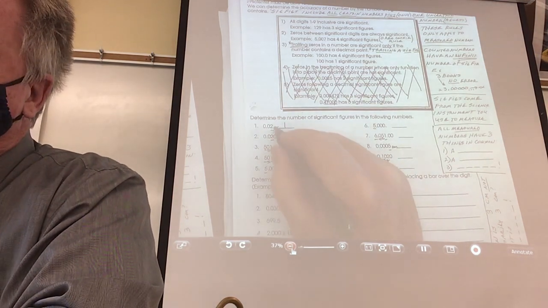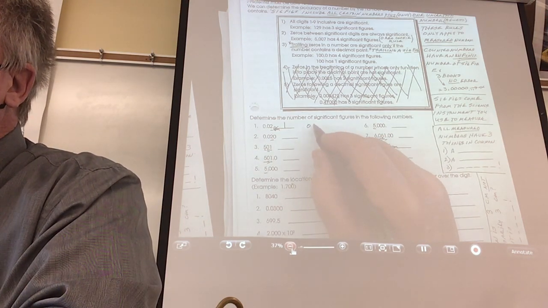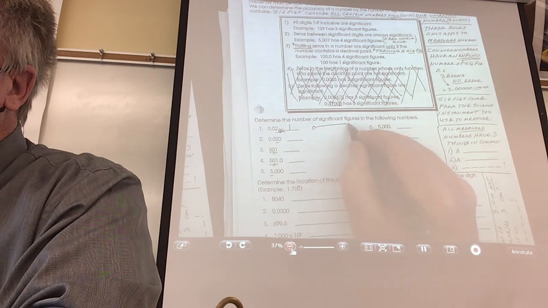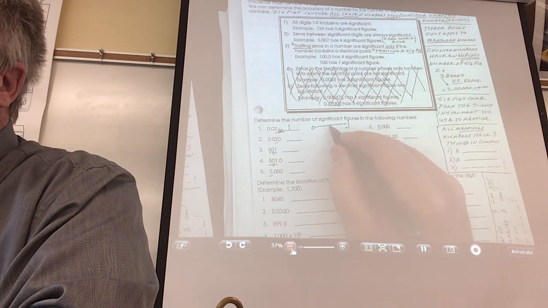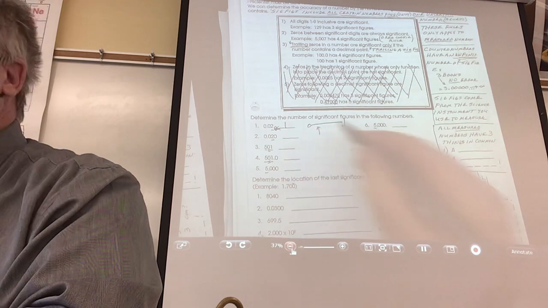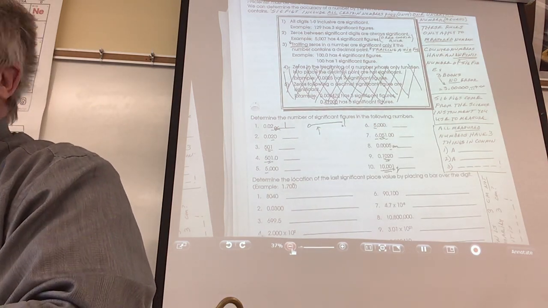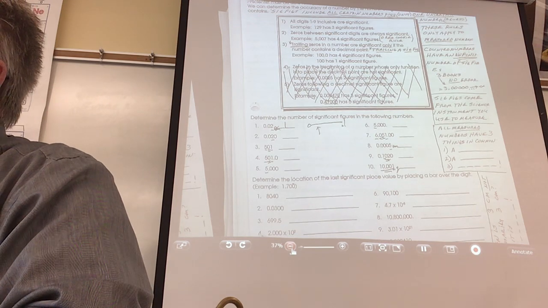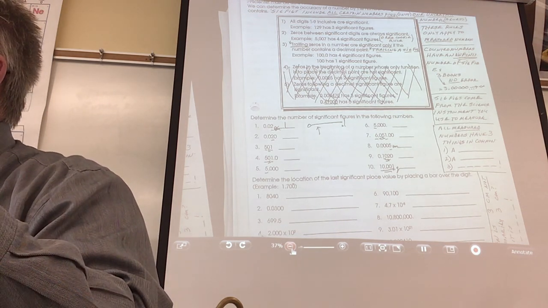If this was centimeters, here's what your ruler looked like. 0 and, here's all the way to 0.1. 0 and 0.1. And you say 0.02. You had to guess the 2, didn't you? If you only have one sig fig, that instrument's not very good. It's not good.